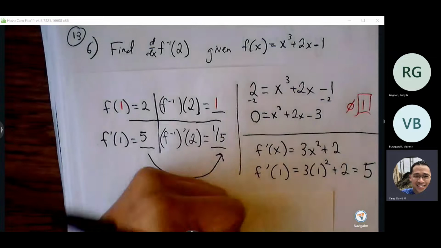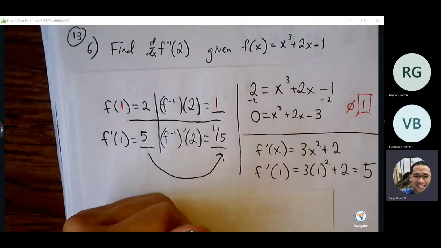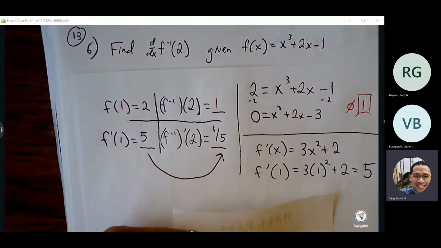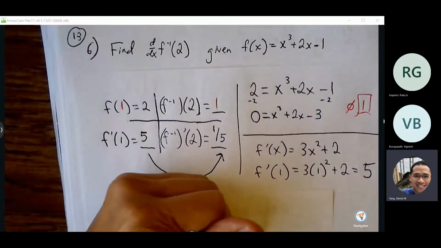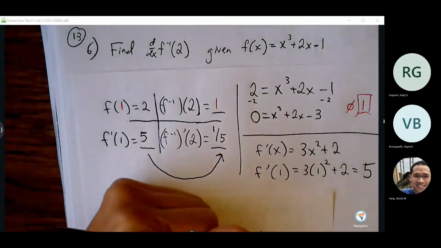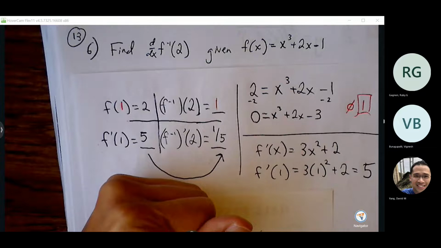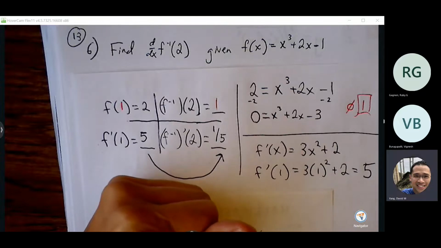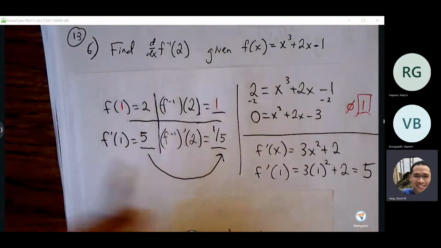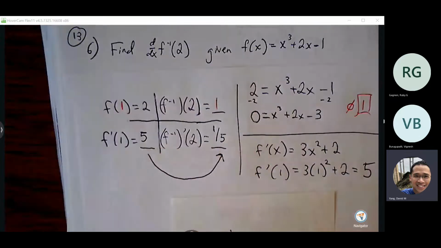Okay, let me draw a picture to kind of help convince you of what we've achieved here. I just want to show you so that these numbers make sense in your head.